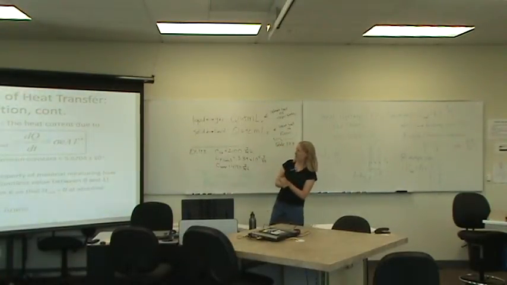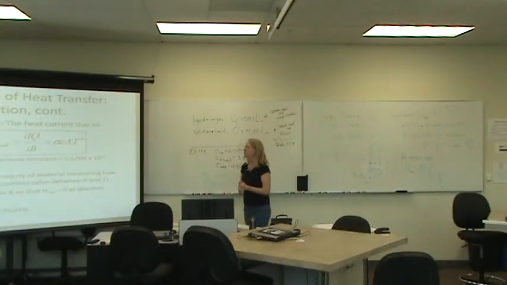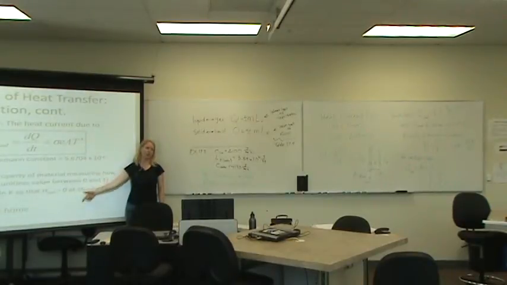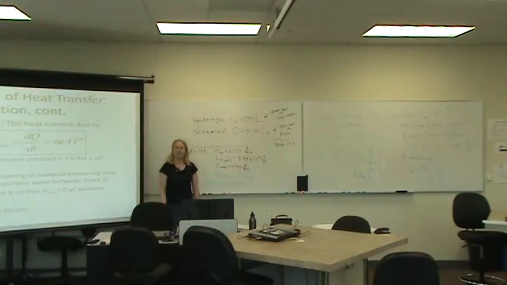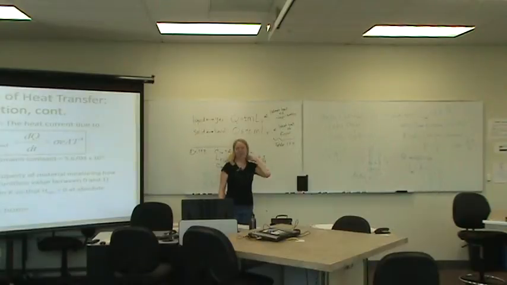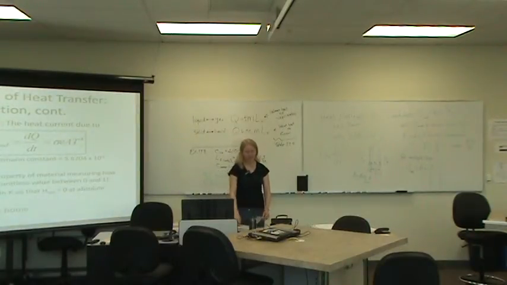Anything else? Okay, there's an example, but it's a plug and chug example, so we don't need to do that in class. You can look at the example at home. You want this on the final? Yeah. It's a pretty easy one. You probably won't see this on the final.